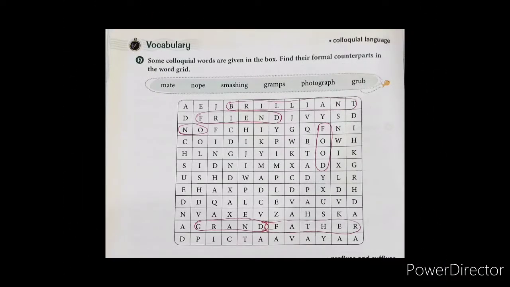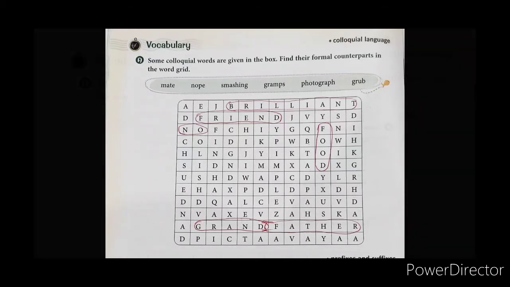Now we can see the textbook exercise about the vocabulary, colloquial language. Look at the title, section A, some colloquial words. Look at the title for the exercise, children. Some colloquial words are given in the box.